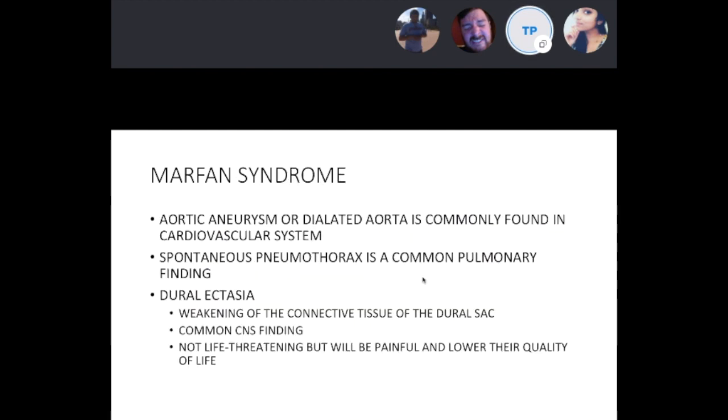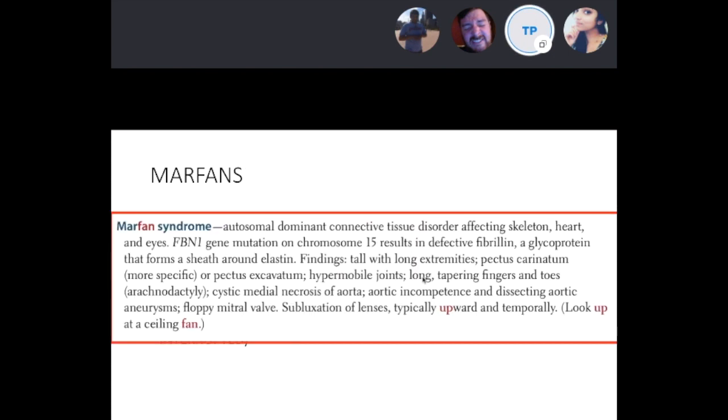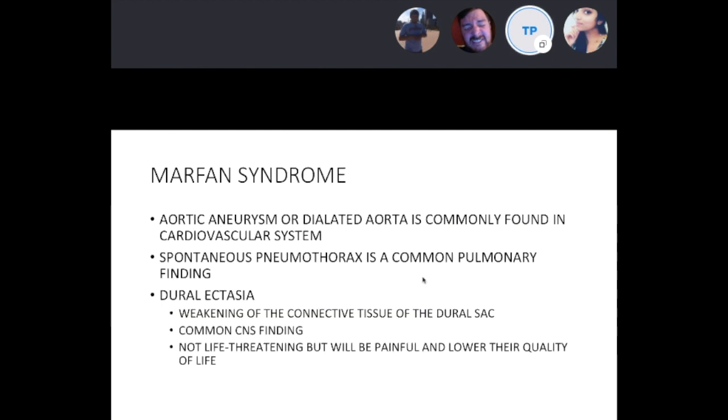I'm going to actually go into that in a second, just kind of mention a little more detail. This slide, sorry, is going to be a little bit more repetitive to what I just mentioned as worded in First Aid. But again, aortic aneurysm or dilated aorta is commonly found in the cardiovascular system in these patients.